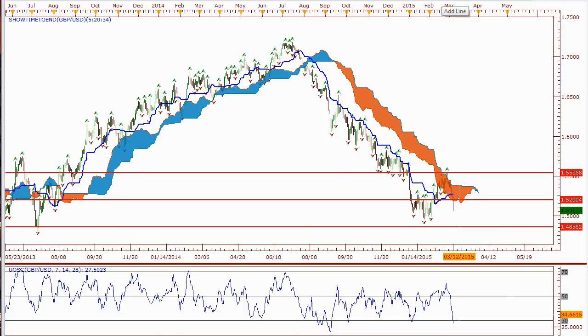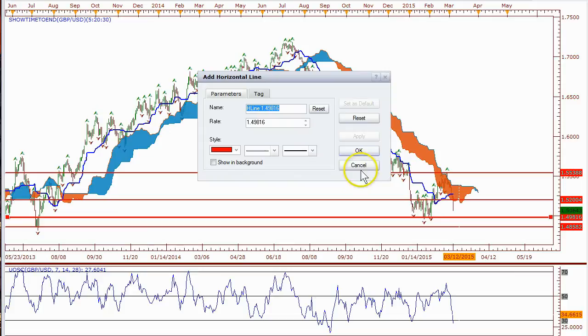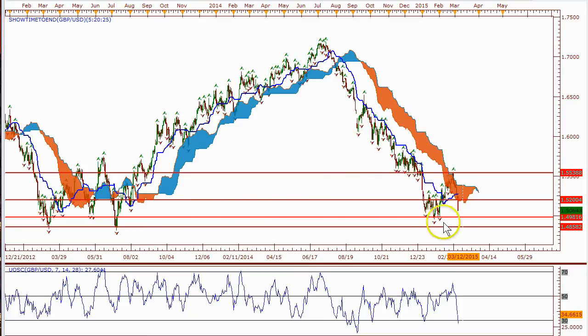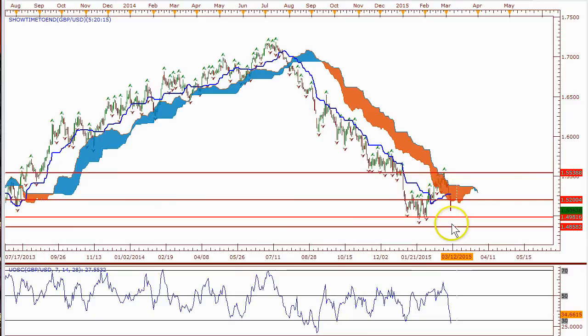Now we may stall a little bit higher than that level, right here at basically 149.816. So you can see we have some support there also, but we have major support down here too at 148.582. That's where I'm looking for the market to get down to.